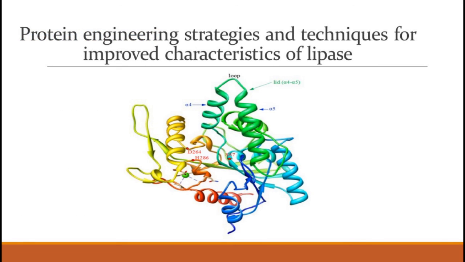So we saw 2 strategies used in protein engineering of any enzyme, and for that matter we can use them for any protein, and we saw some examples of how the characteristics were improved.